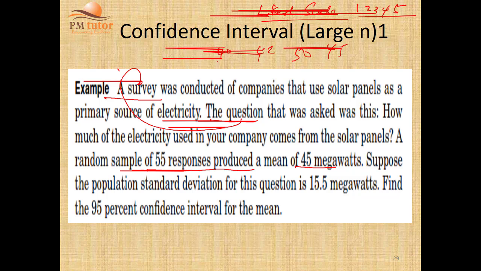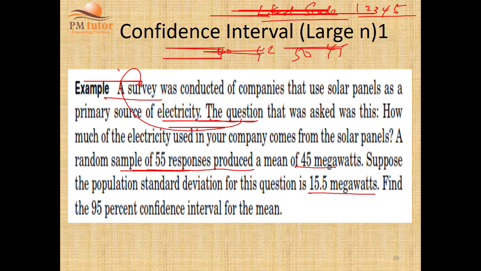But by the time you add up the 55, only 45 megawatts was the mean of the 55 responses. Now, the question asks, supposing the population standard deviation of this question is 15.5 megawatts.